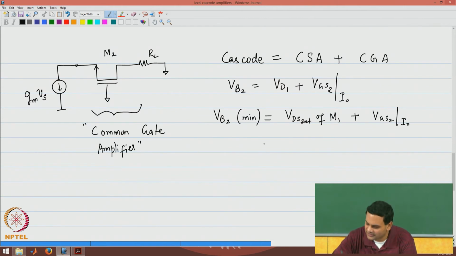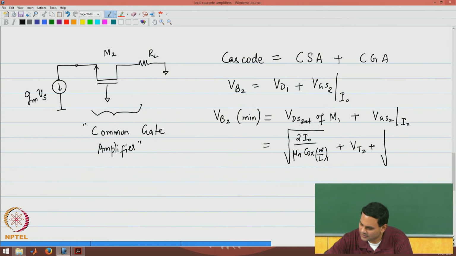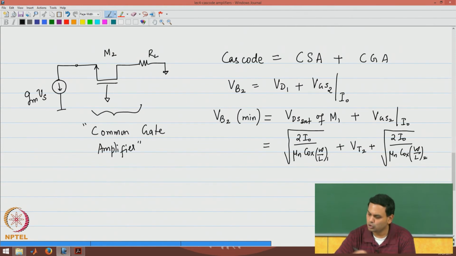If I were to calculate this, it is nothing but the square root of 2 I naught over mu n Cox W over L of M1, plus VGS2, which is nothing but VT2 plus VDSsat of 2, which is the square root of 2 I naught over mu n Cox W over L of 2. This is the minimum value that VB2 can occupy.